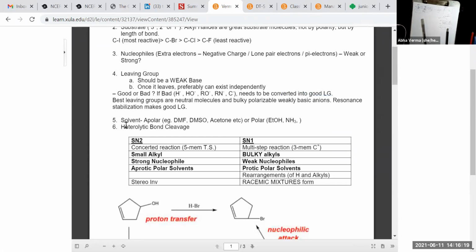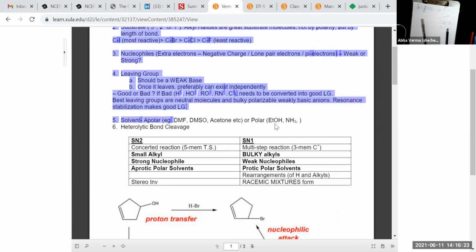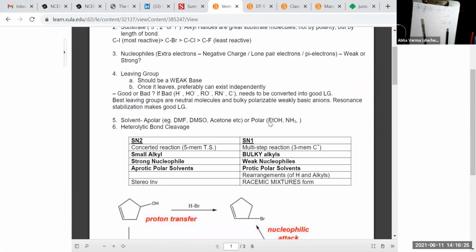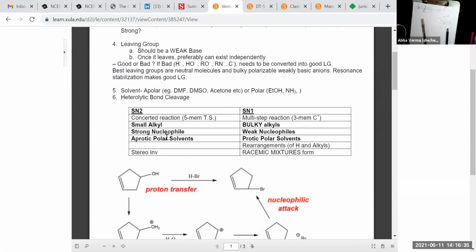If the solvent is given to you, make sure you know whether it is protic or aprotic. Both of them are polar, definitely, because of the polarity involved.